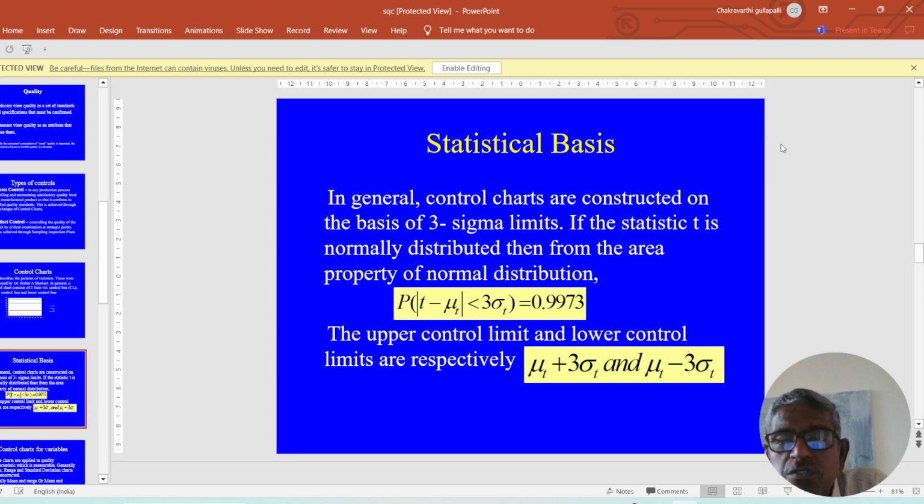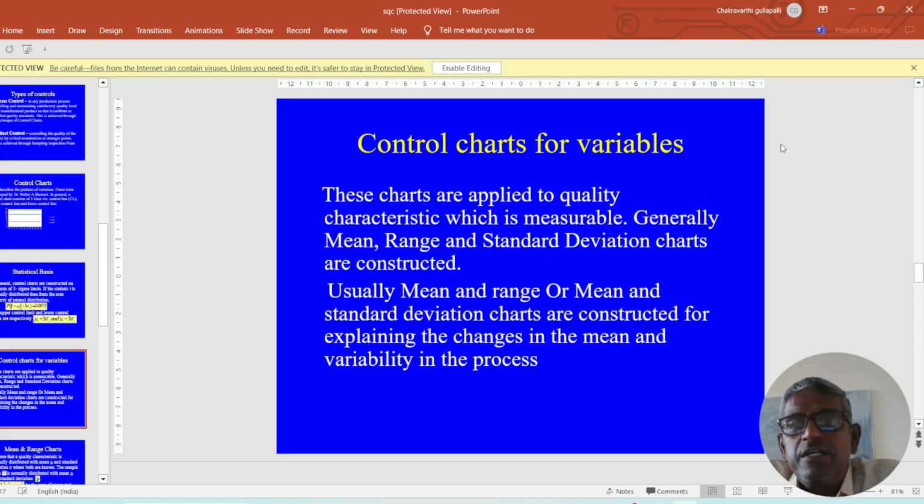If we use 1.64, it is 90% limits. If we use 2.58, it becomes 99% limits. On simplification of P of modulus t minus mu t less than 3 sigma t equal to 0.9973, we get the limits as mu plus or minus 3 into the standard error of t. Here t is the character, its mean is called mu suffix t, and its standard deviation is called sigma suffix t.